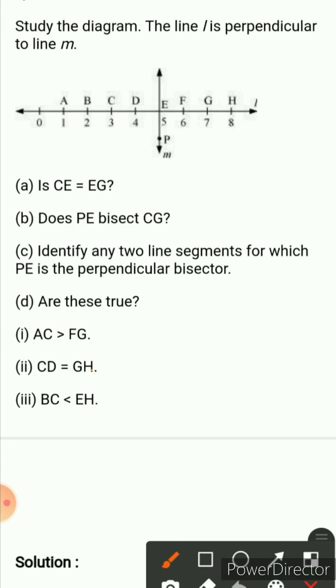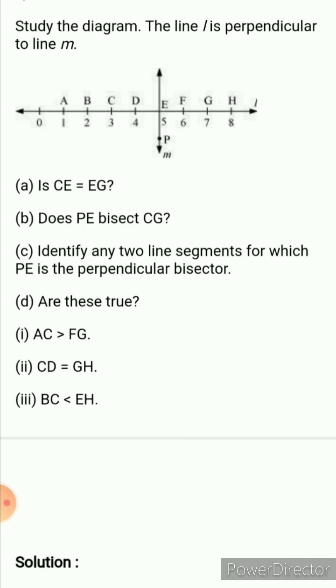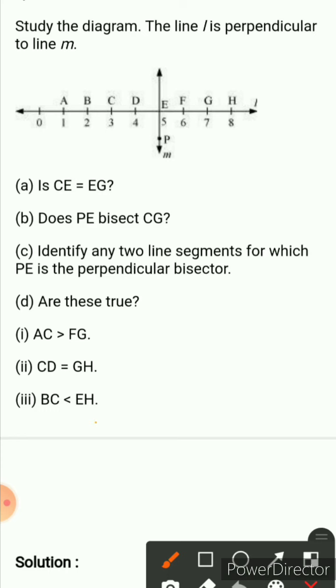Now next is CD. So here is your CD, that is 1. And GH, here is your GH, that is also 1. So yes, that is true because CD and GH both are 1 unit, 1 unit. Now last one is BC is greater than EH.